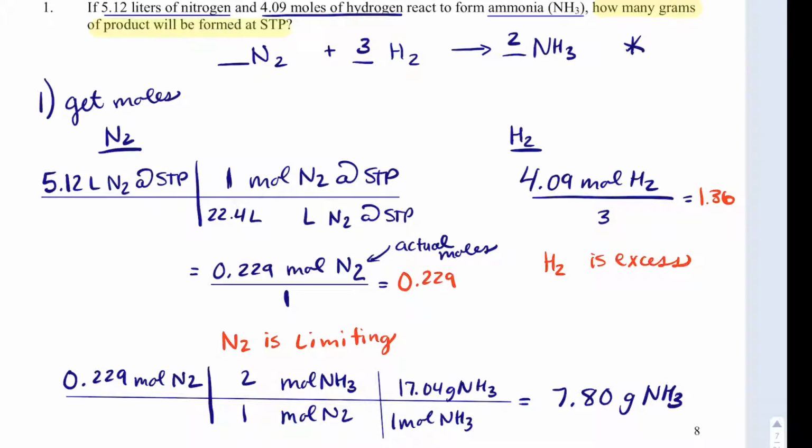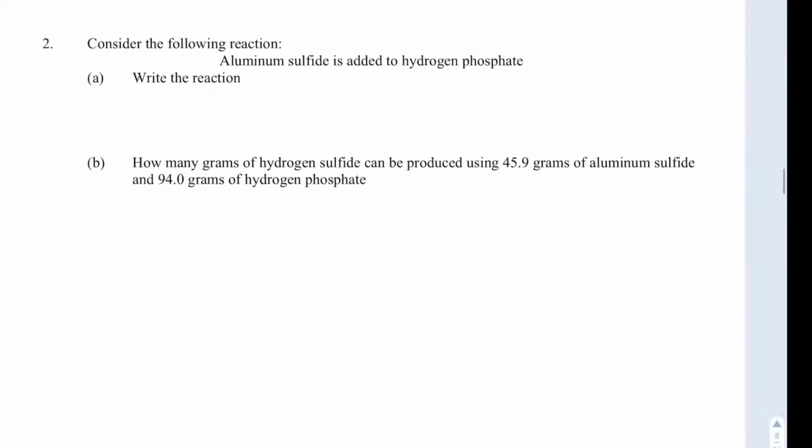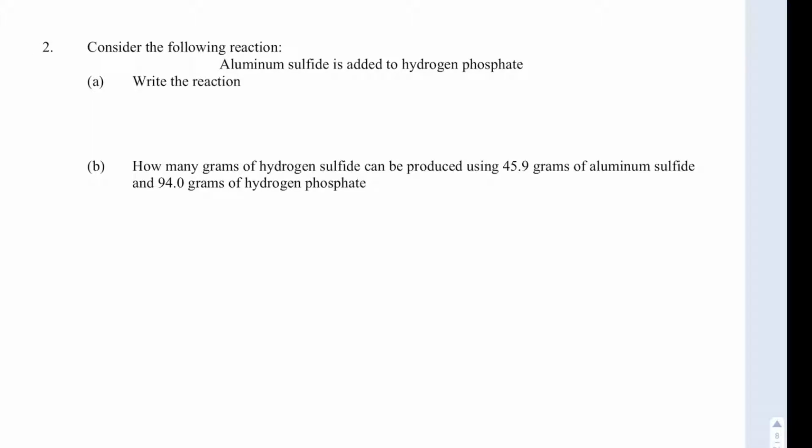Okay, let's look at another example. Here we have aluminum sulfide. That's going to be Al 3+ and S 2-, so I'm going to get Al2S3. And aluminum sulfide is going to react with hydrogen phosphate, H+ and PO4 3-, so H3PO4.